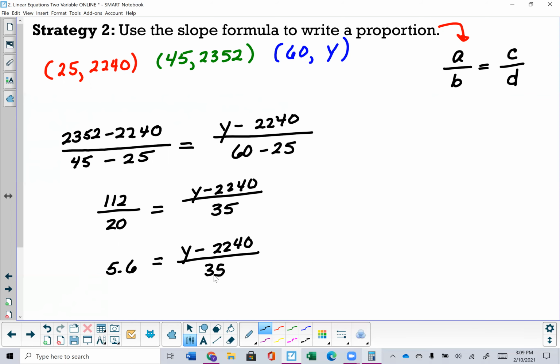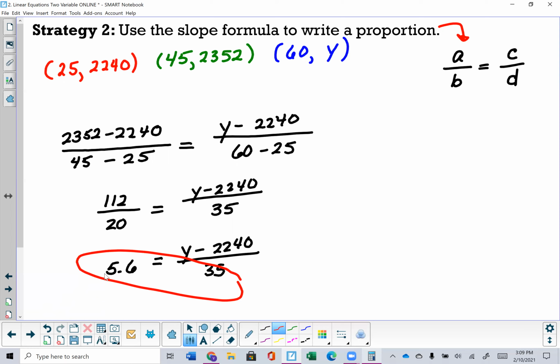Okay. Now, when you have solved proportions, you saw that you can cross multiply to solve the proportion. Well, we only need to cross one side because we got rid of the fraction before we even started on the left side.